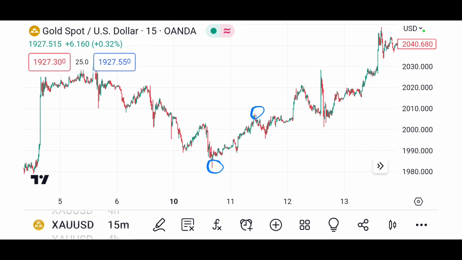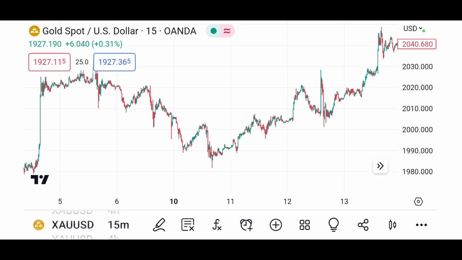But then you would notice that this did not come back close to our previous low. Hence, we can say that since we have our break of structure here, this is our range structure. Okay?